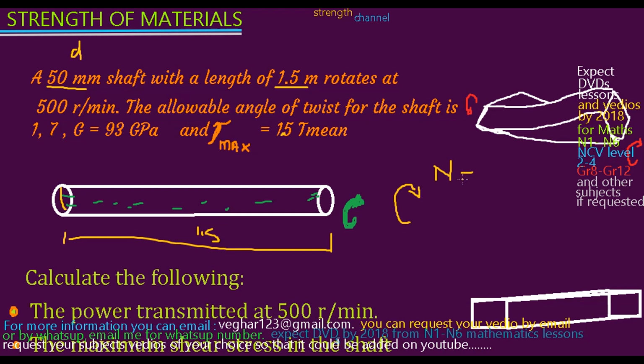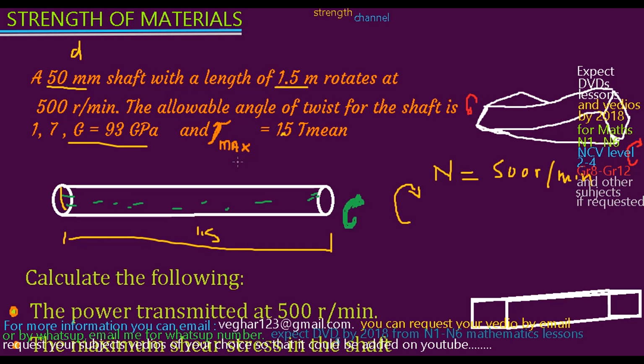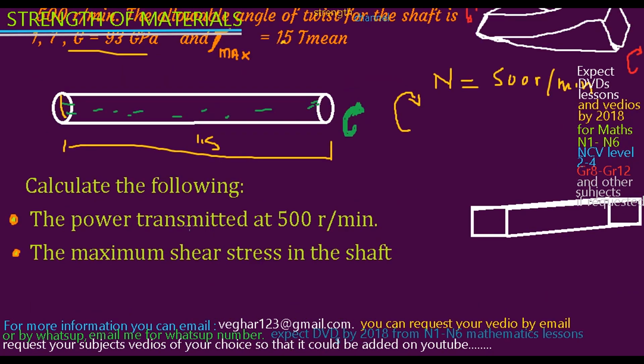This is the speed, the rotational frequency, and then we have the rigidity, and the torque that it's rotating with. The question says you have to calculate the power transmitted.